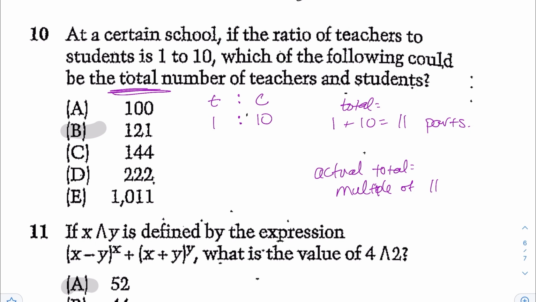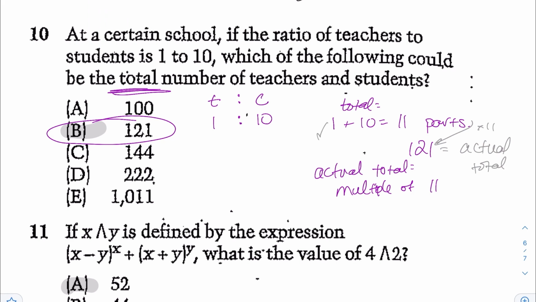So just scan through all the choices. Only choice B is a multiple of 11. 121 is 11 times 11. So that could be the total. Now you can also check your work here. If 121 is the actual total, you know that 11 times 11 is 121.